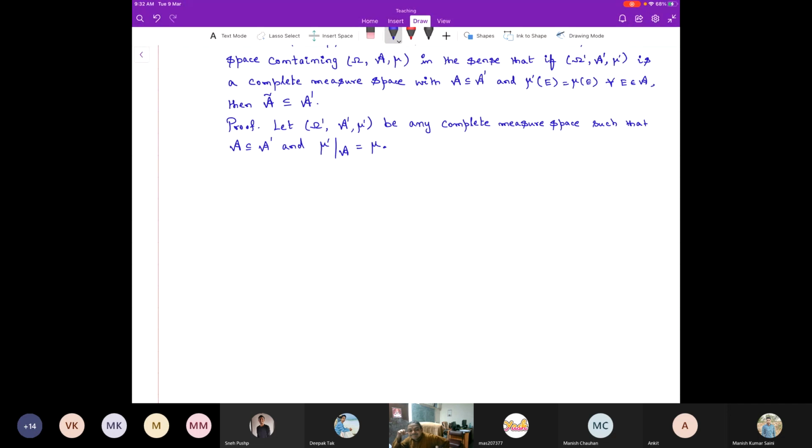Fine. How do you show that this is the smallest? How do you claim that A tilde is contained in A dash?